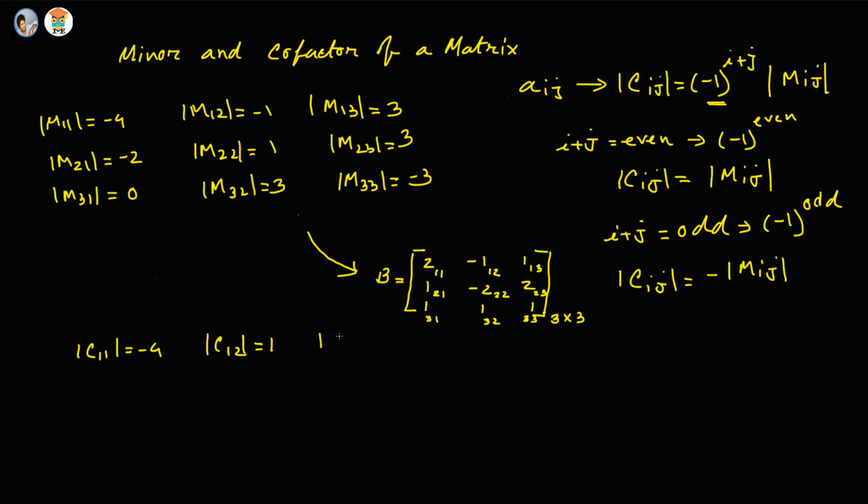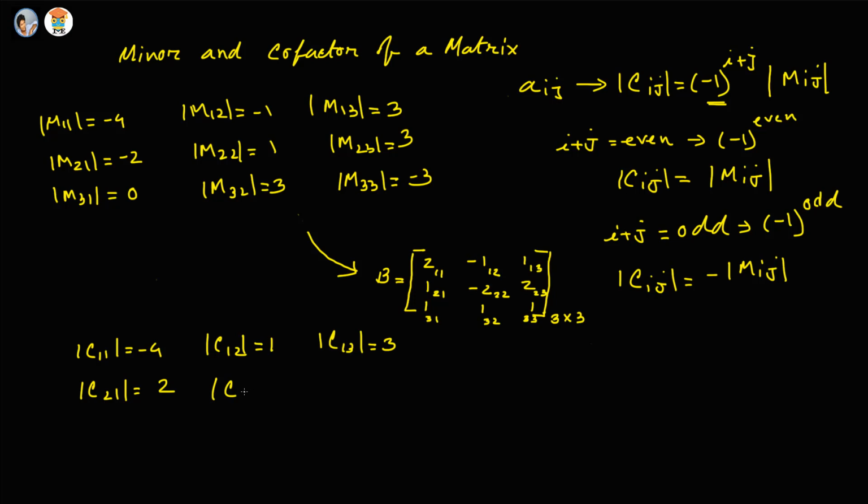And for the third element C13 will be equal to the minor, as 1 plus 3 is equal to 4. For C21, this will be 2. Why? The minor is -2, but i plus j is an odd number.